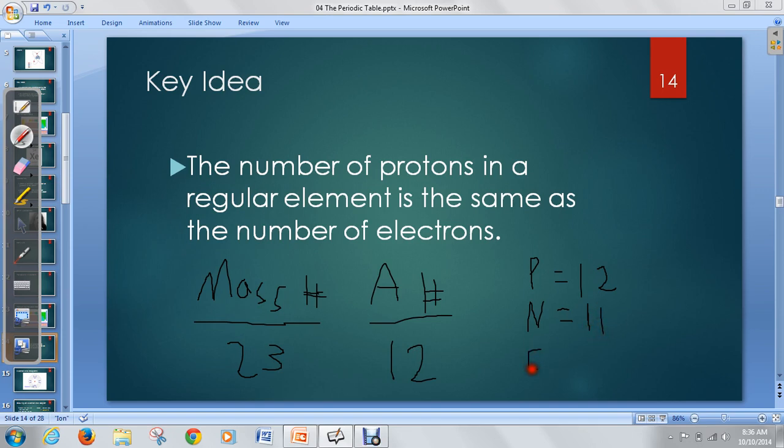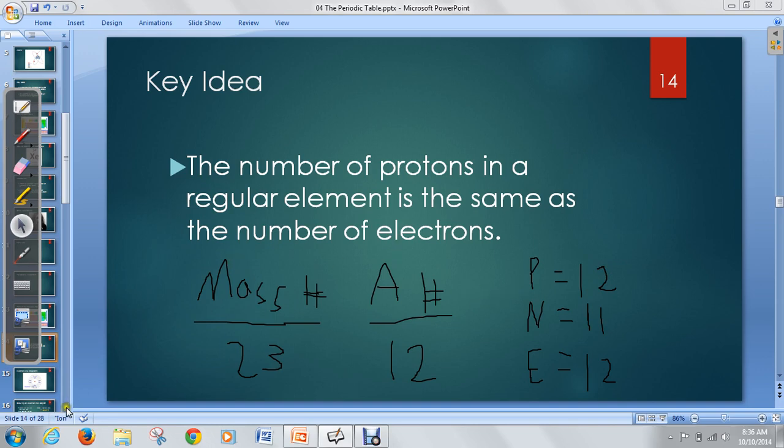And then the electrons is just going to be the same as the protons. So 12. Okay, so just by using the mass number and the atomic number, I can determine the number of protons, number of neutrons, number of electrons. Okay, so this is really nice for the periodic table because looking at any element, we can determine all these features about it. So you should be able to do that with any element given on the periodic table.